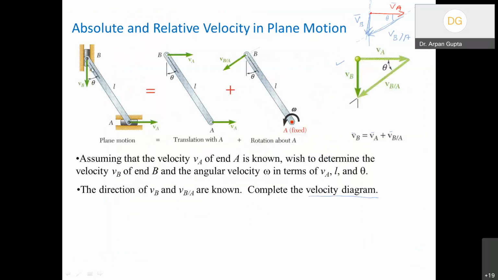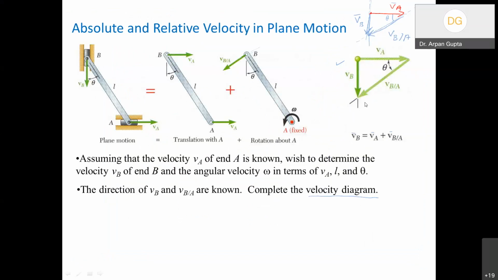So if we have two sliders moving horizontally and vertically, and then we have this connecting rod AB, which is connecting the two sliders, and it is having a general motion, then the motion of ends A and B can be represented by what is called a velocity diagram, something like this.